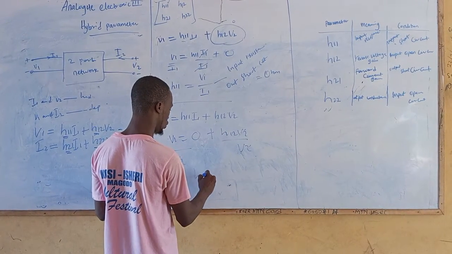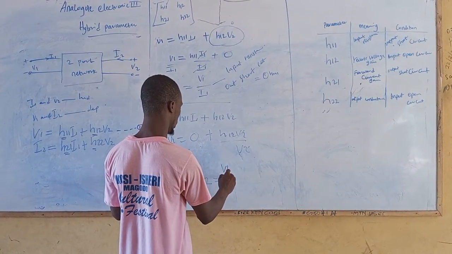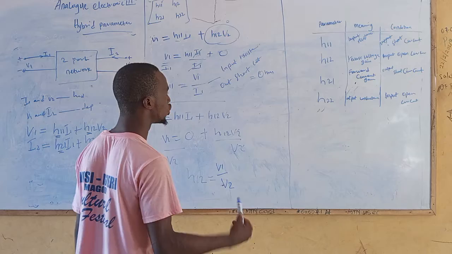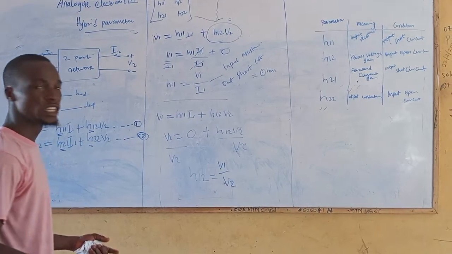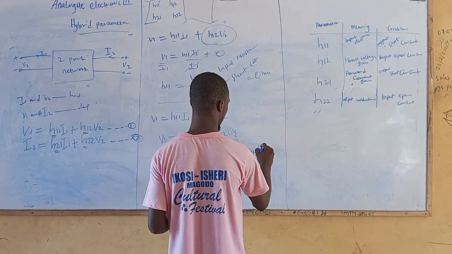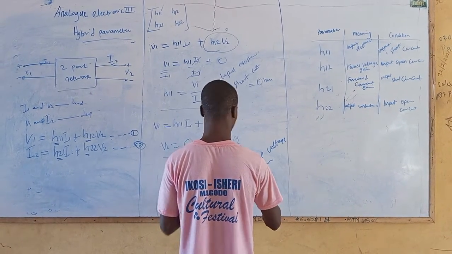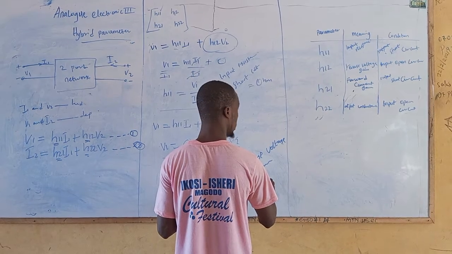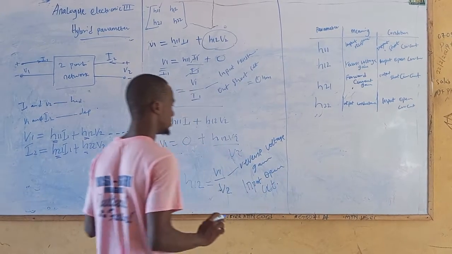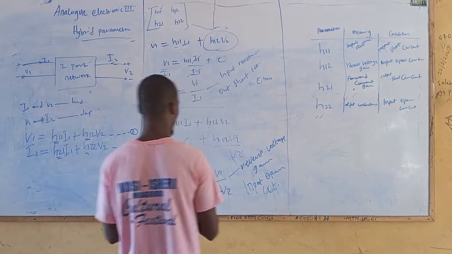So H12 is equal to V1 over V2. H12 is the reverse voltage gain, with input open circuit.